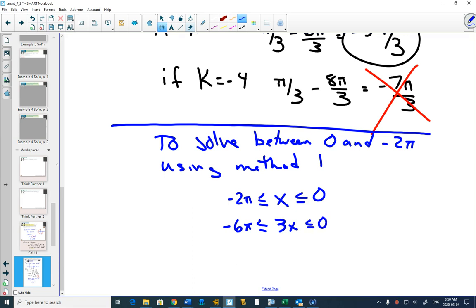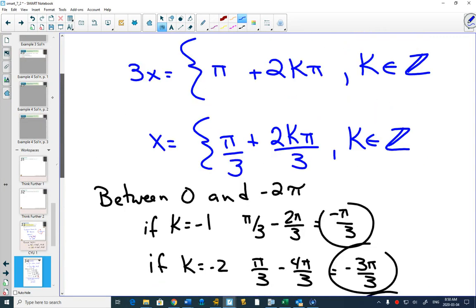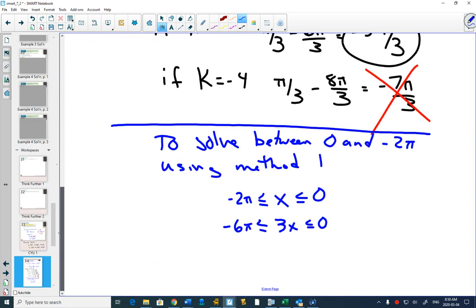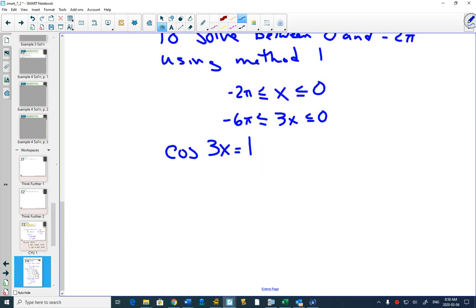And then we could solve. What was the original question again? Cos 3x equals -1. Where does cos equal -1? At pi, but pi isn't between negative 6 pi and 0. We would have a negative pi. That would be the first time around in the negative direction, and we need to go 3 times around in the negative direction to get to negative 6 pi.